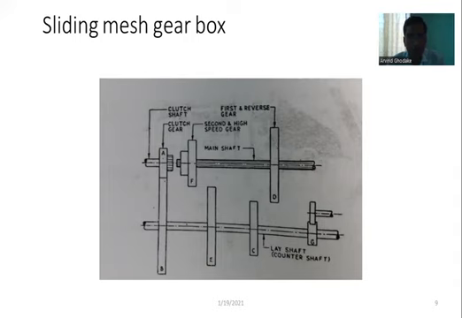Then the first and reverse gear is located, that is D. Then on the lay shaft or counter shaft, four different gears are located so that we can get different spindle speeds. On the main shaft, which is called a spline shaft, the gears A, F, and D can slide over that main shaft so that they can be engaged with E, C, and G. So we will get different speed ratios using the sliding mesh gearbox.